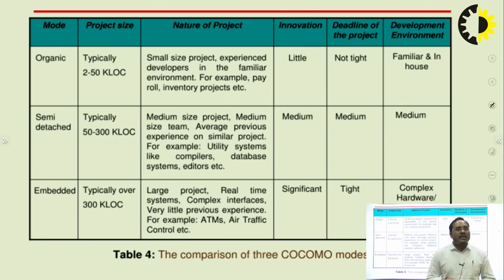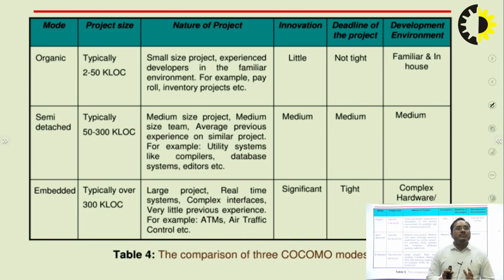The large model is used for high level projects, which deal with real-time systems and complex interfaces. So where large level projects are going to be developed, you will use the embedded model.